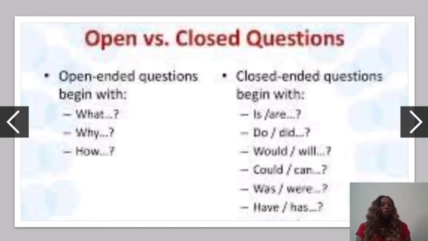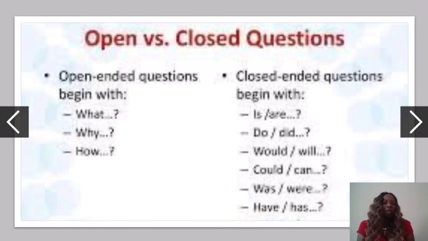Then you have your open-ended questions and then your closed-ended questions. When you are communicating with someone and you want a short answer, then you would ask them a closed-ended question. And if you want a communication that would be more detailed, then you would ask an open-ended question.